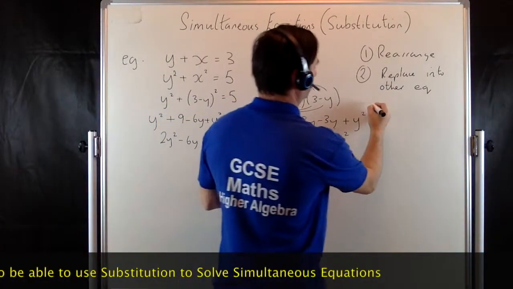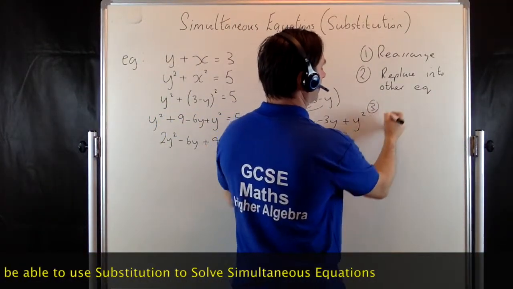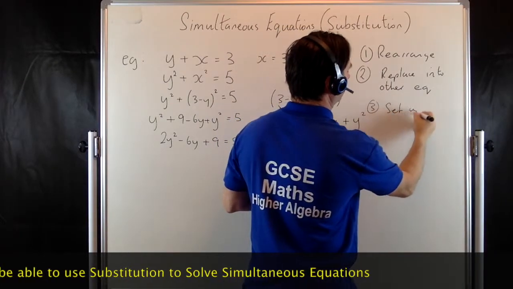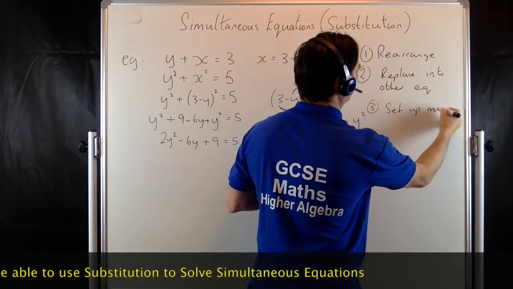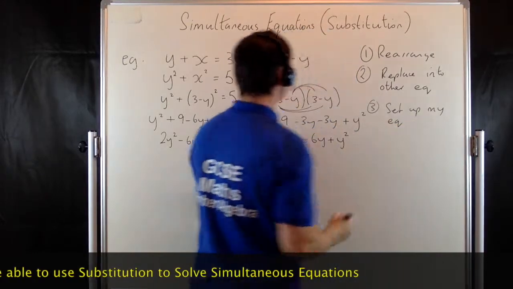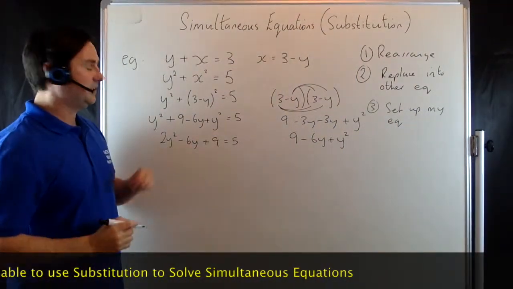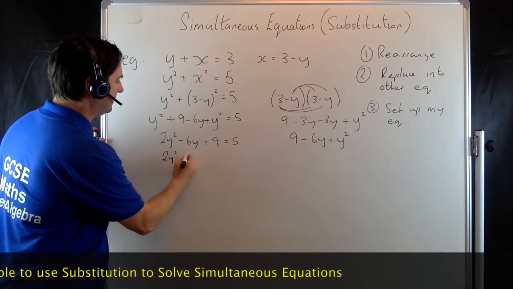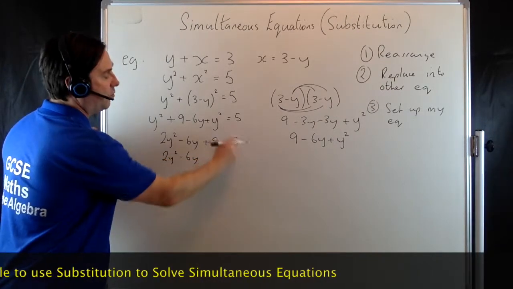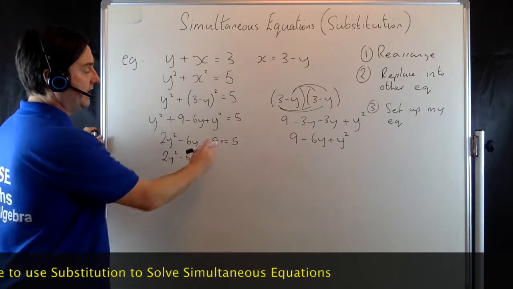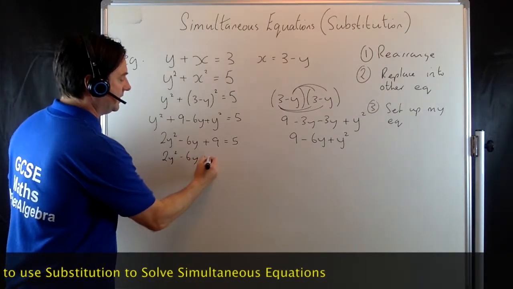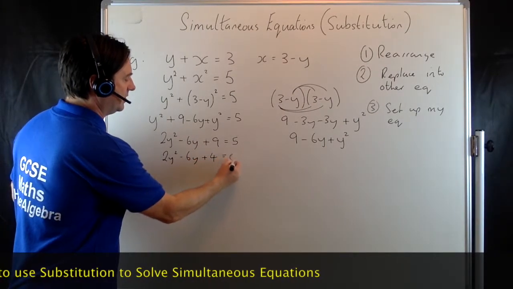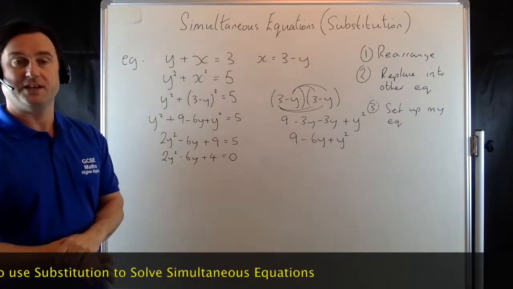What I'm going to do, step 3, is set up my equation. Quadratics need to be equal to 0. So what I'm now going to do is take the 5 away from the right hand side and the left hand side to leave me with 0 on the right hand side.